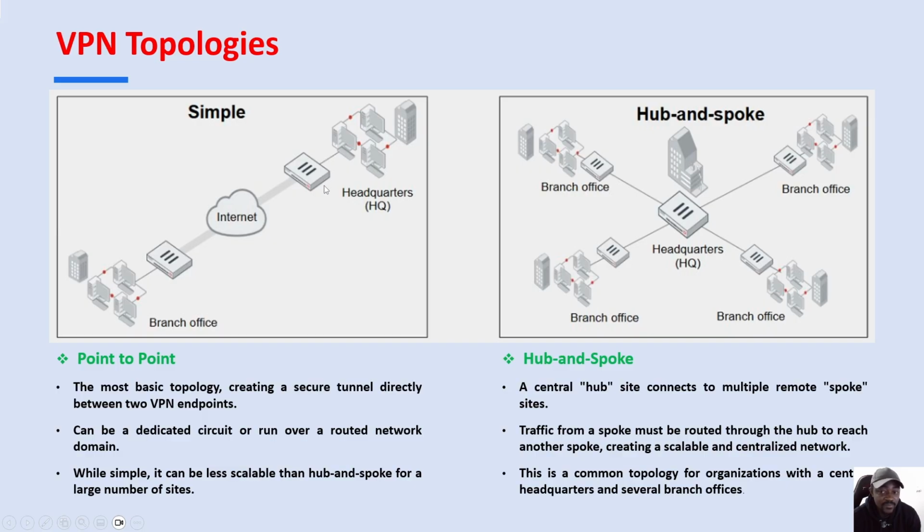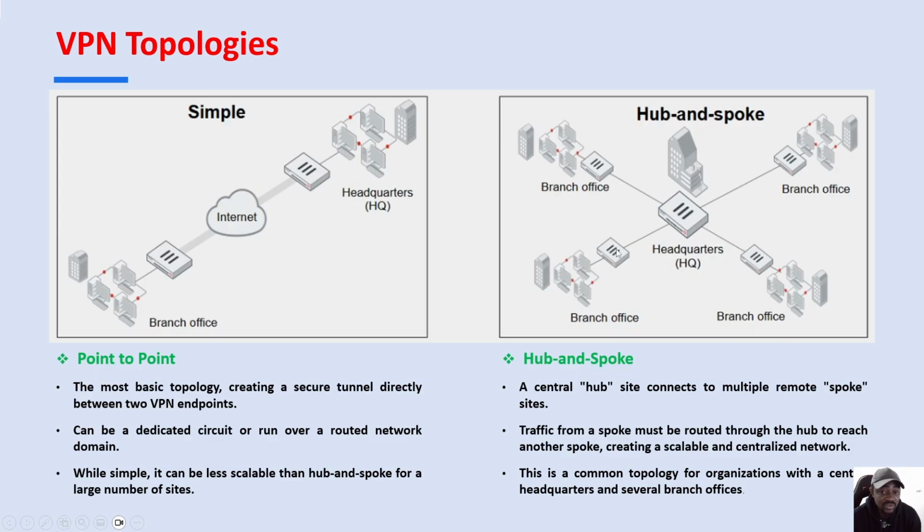But if you have multiple branch offices, in that case you might need this topology where you'll be in hub and spoke, where you have a central headquarter and you need to configure IPSec tunnels between the headquarter and each branch. In this case, the headquarter is the central point where all traffic will need to be routed.